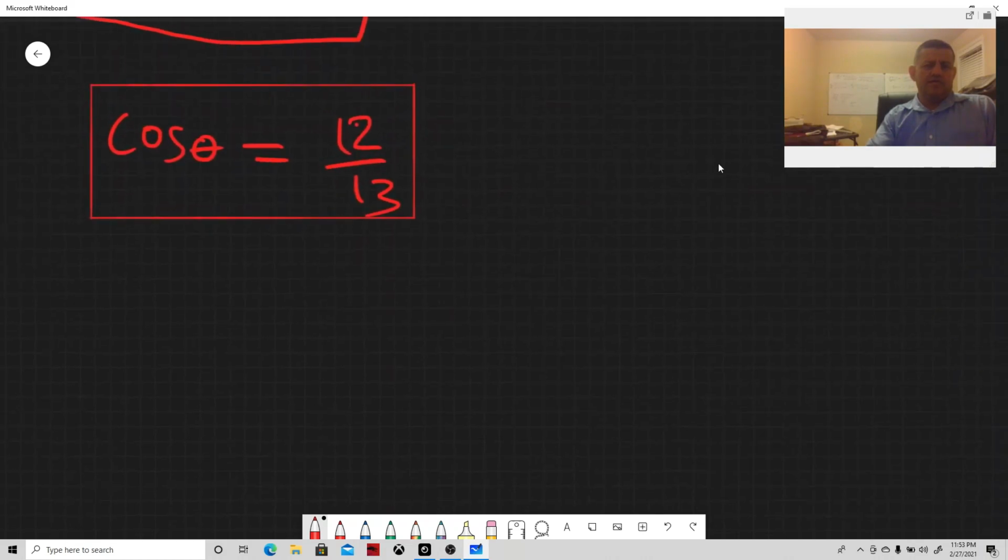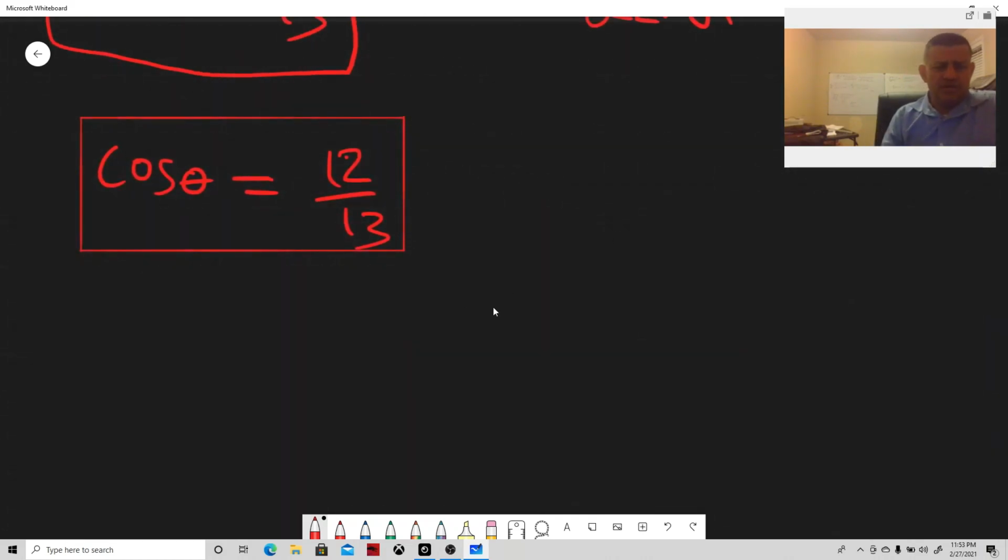Right. So now let's do the other functions that we have. So we have a tangent. Okay, so tangent of theta is equal to what? It's equal to sine over cosine, or opposite over the adjacent, correct?